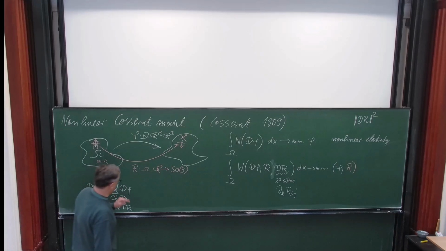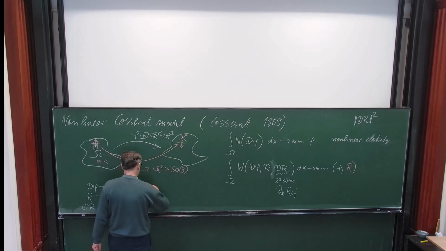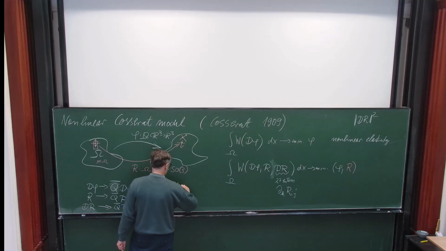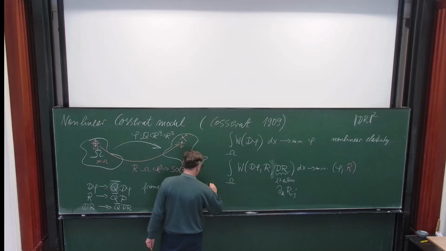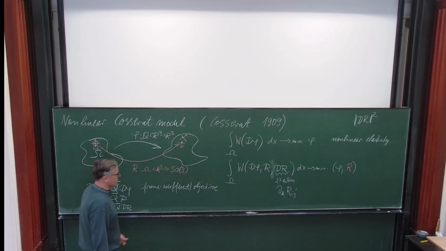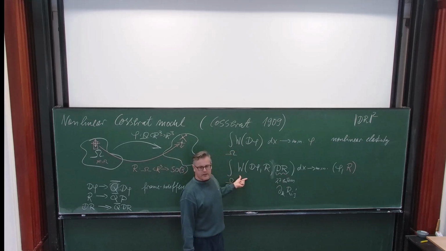And we need to make sure that, so this is frame indifference, we call it frame indifferent or objective. This is just the nomenclature of the theory. That the energy that you use, the energy density that you use, must be invariant under that transformation.